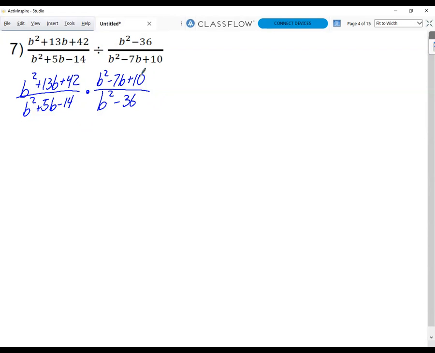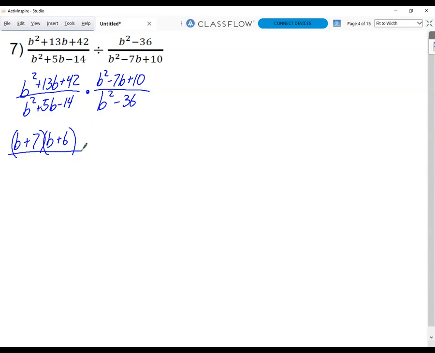And now, because this is division, we want to factor everything. So factors of positive 42 that add up to 13. Well, factors of 42, 7 and 6, they work. So b plus 7, b plus 6.